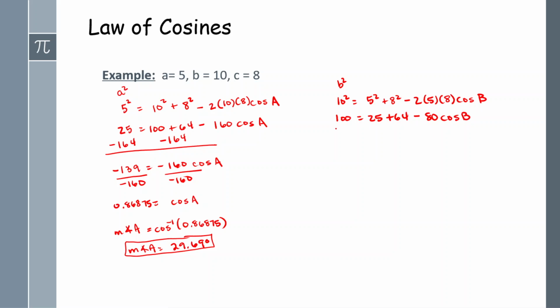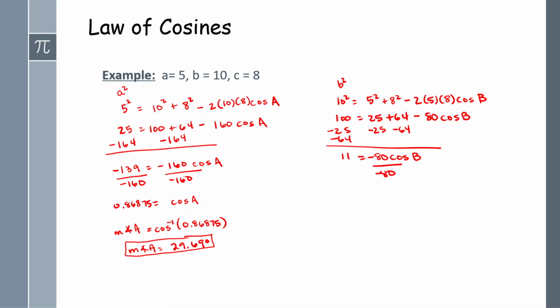So I'm going to subtract the 25 and subtract the 64. And I get 11 over here equals negative 80 times the cosine of B.